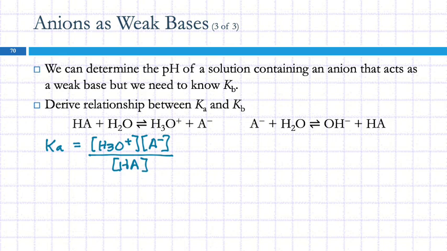Over here, we have an anion acting as a base. It's taking a hydrogen ion and forming hydroxide. So we can write Kb for that. Everybody okay with that?